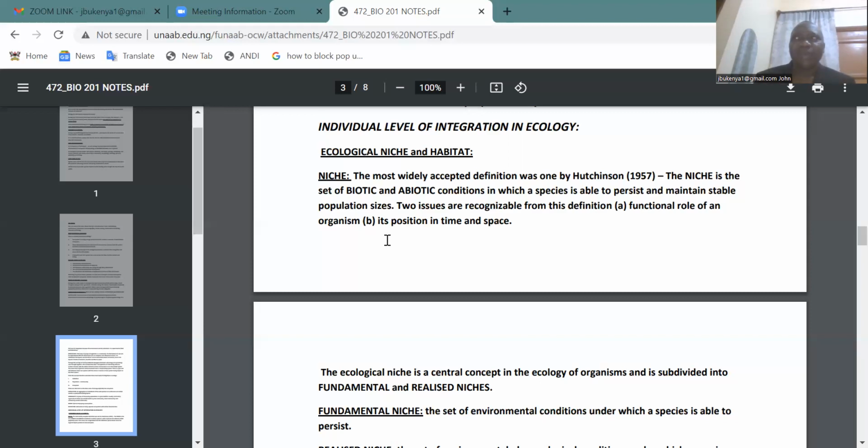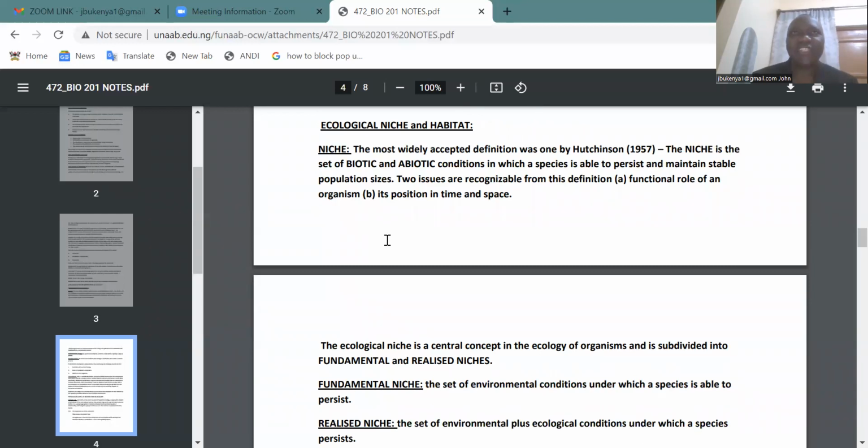However, in the presence of an organism's competitors and maybe predators, the niche of an organism will be compressed to a smaller part of the habitat where it can effectively exploit the environmental resources. Remember, in the absence of the competitors and predators, an organism can potentially exploit all resources within that habitat.